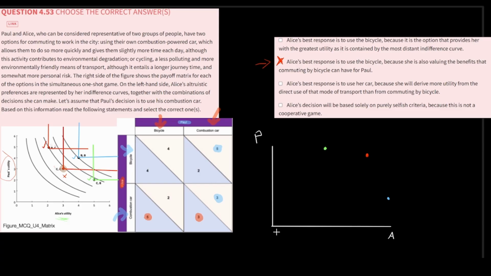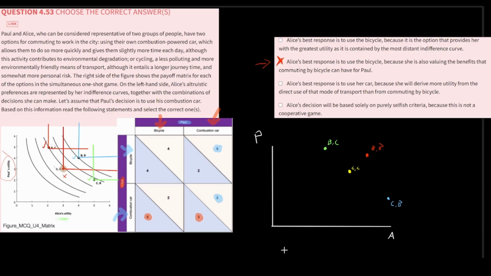We have that one there. And then finally, we have car, which is something like that. Okay. So again, car. This is bike car. We have car bike. And we have bike.